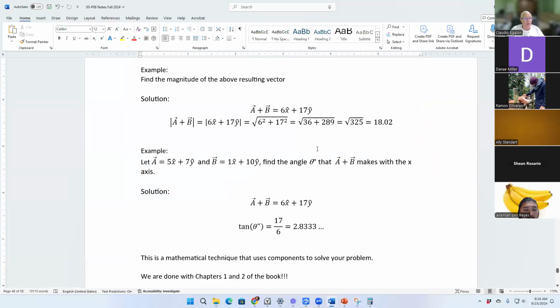And then we found the A plus B vector. I'm going to put it here.